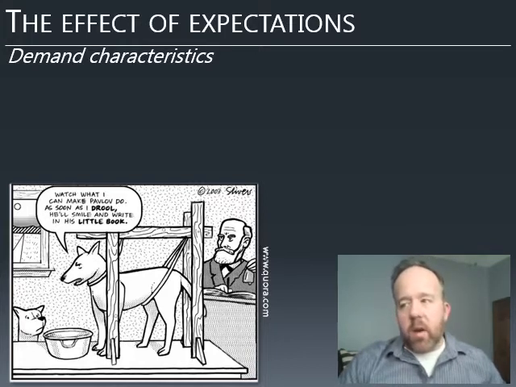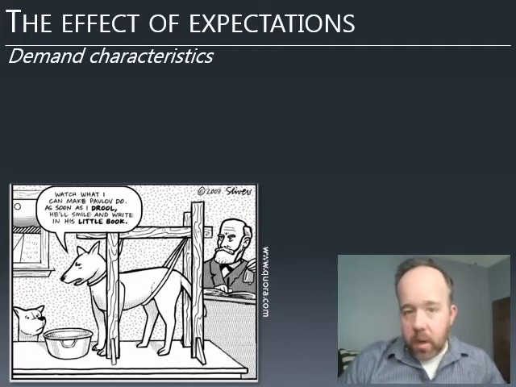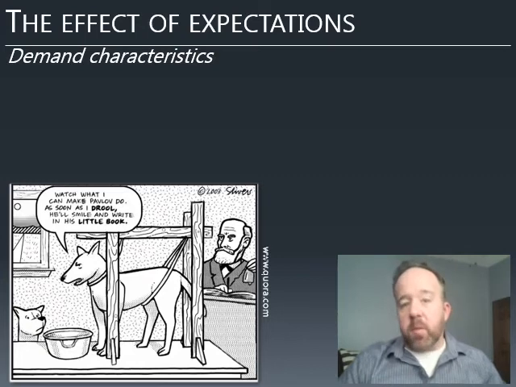This is where the fact that the participant in the experiment knows they're being observed changes what the outcome of the experiment is, changes the data, and specifically changes it such that the participant behaves in a way they think they should, either because they want to be viewed as a good person or because they want to please the experimenter. And so that's what demand characteristics are.